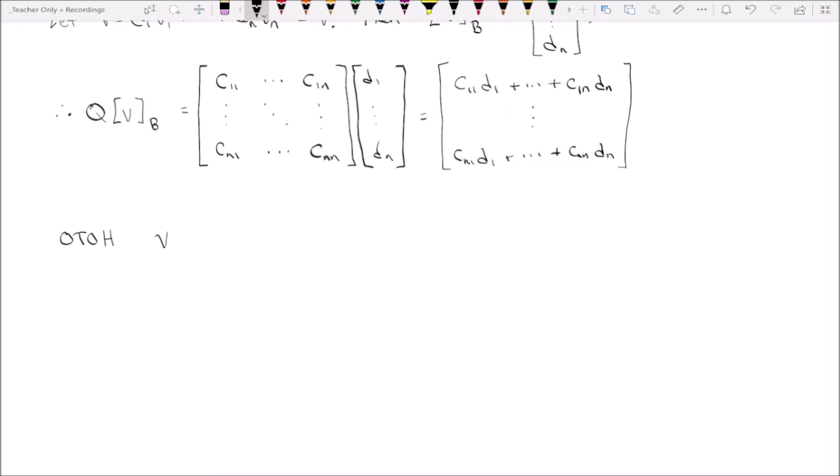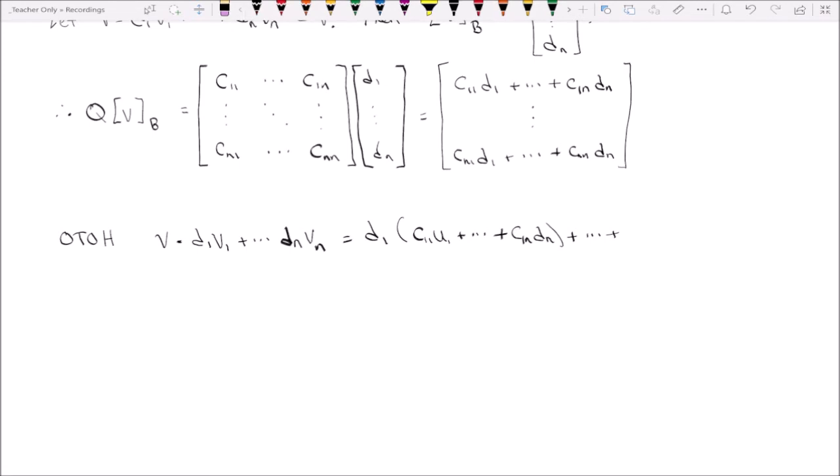On the other hand, we of course have v equal to d1 v1 plus so on and so forth dn vn, which equals d1 times c11 u1 plus so on and so forth plus c1n un.